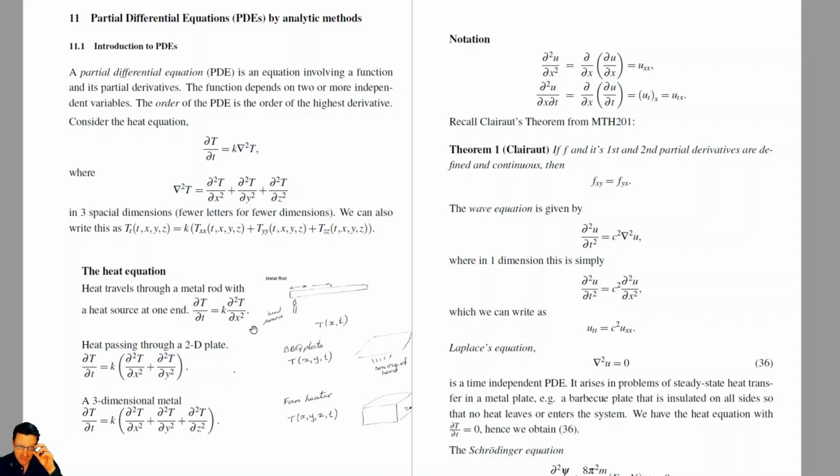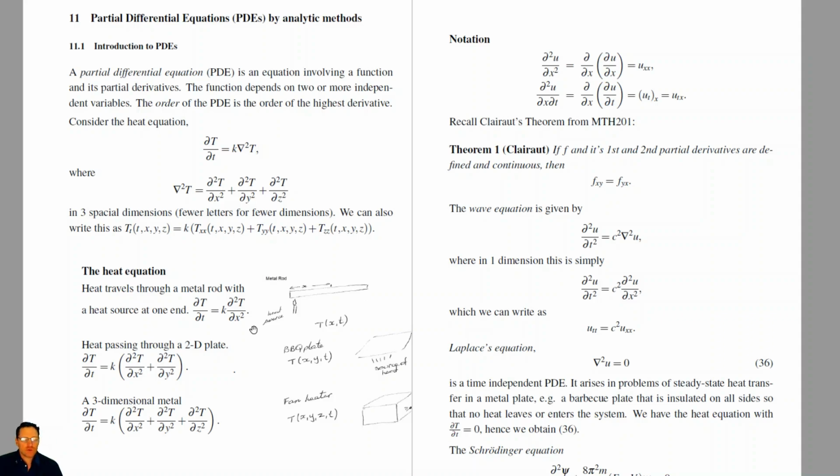Now, you might have a two-dimensional example of this in which heat is passing through a very thin two-dimensional plate. It's two-dimensional because it's thin, and so we're not interested in the movement of the temperature with respect to the height of it.